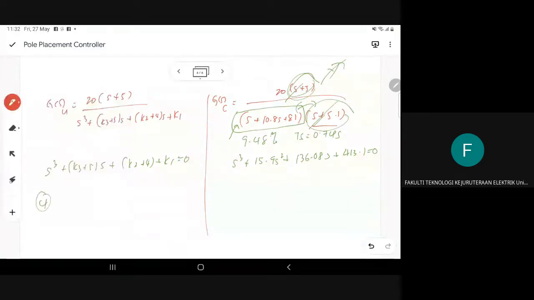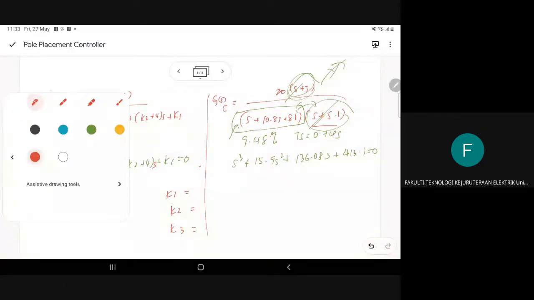Can anyone tell me what is the value of K1? What is the value of K2 and the value of K3? Can anyone tell me or calculate for me? The K1 value equal to... this is supposed to be S squared, this is S. We need to compare.